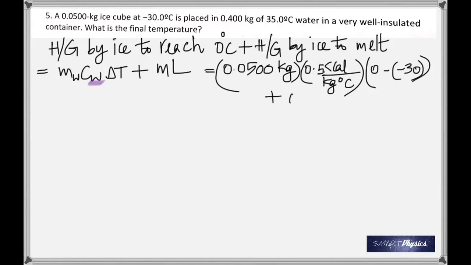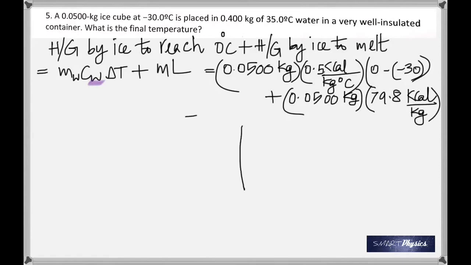Higher minus lower. Plus mass of ice is that 0.05 times latent heat of ice is 79.8 kilocalories. Okay, and that gives 4.74 kilocalories.